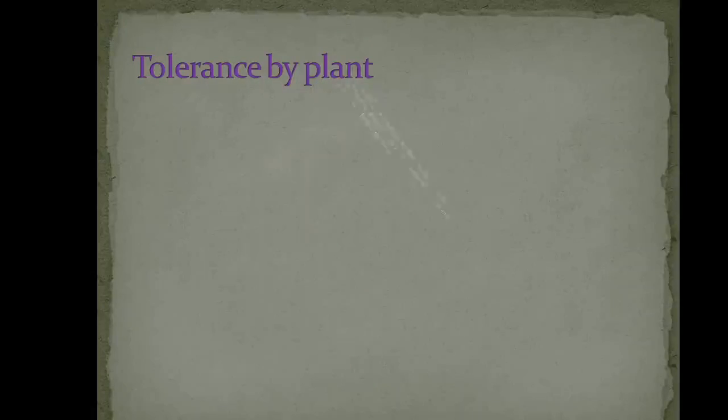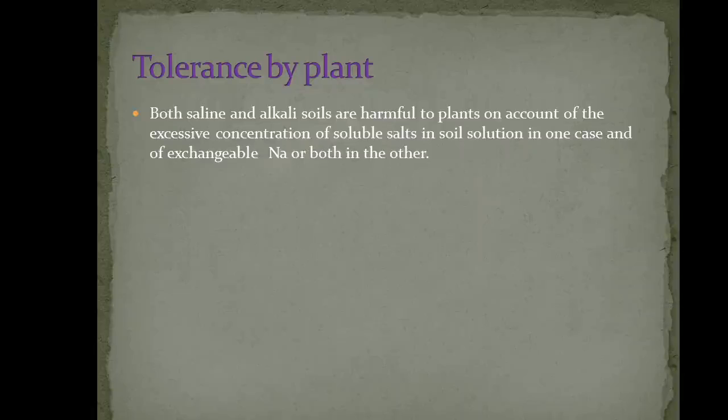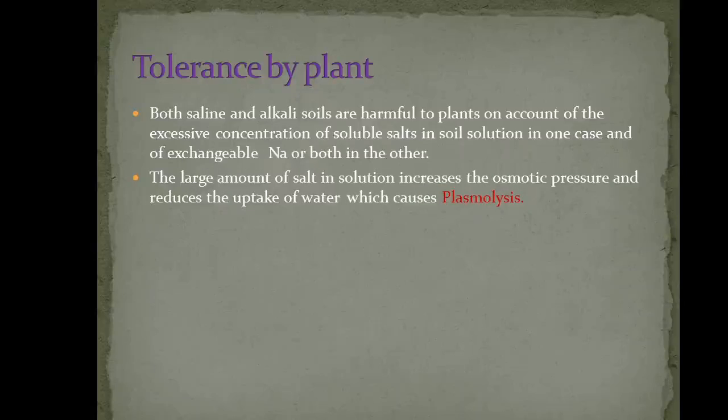Tolerance by plant. Both saline and alkaline soil are harmful to the plant on account of the excessive concentration of soluble salt in the soil solution in one case and exchangeable Na or both in the other. The large amount of salt in the solution increases the osmotic pressure and reduces the uptake of water, which causes plasmolysis.